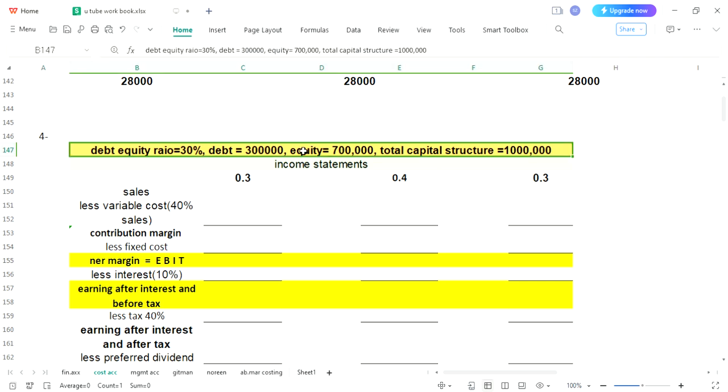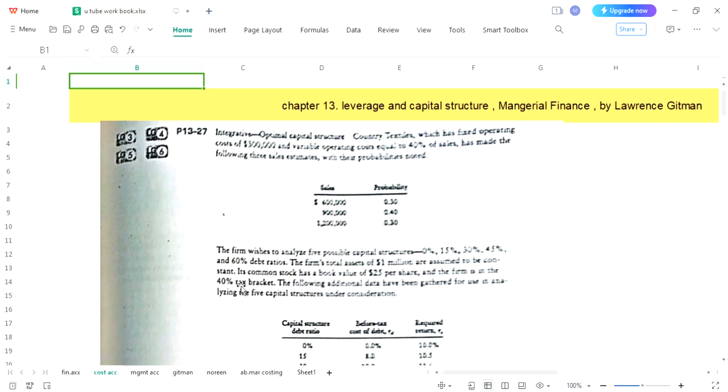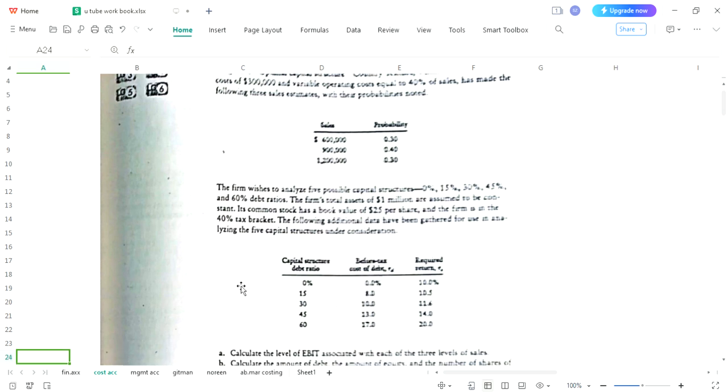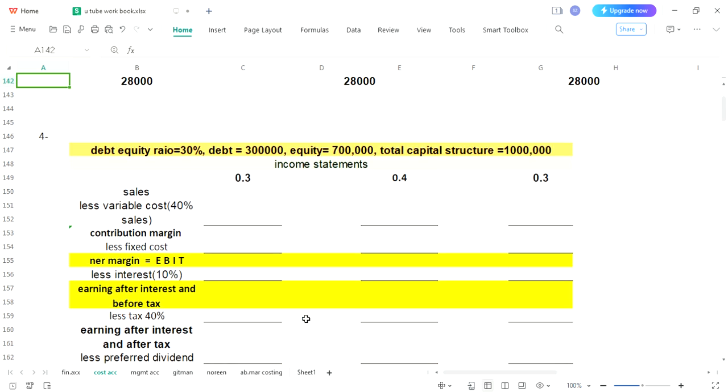Last statement we made was for the 30% debt ratio, and our next statement after 30% is the 45% debt ratio. So guys, we will start this part by taking 45% of debt.